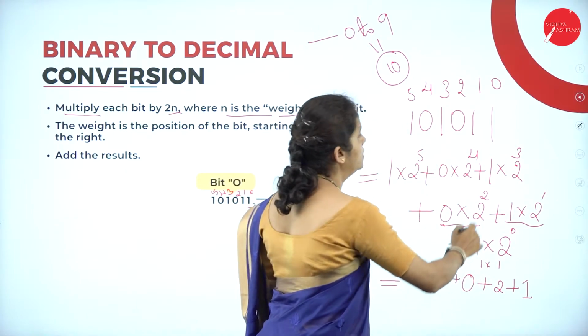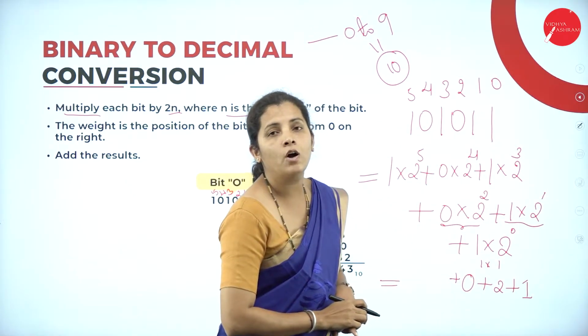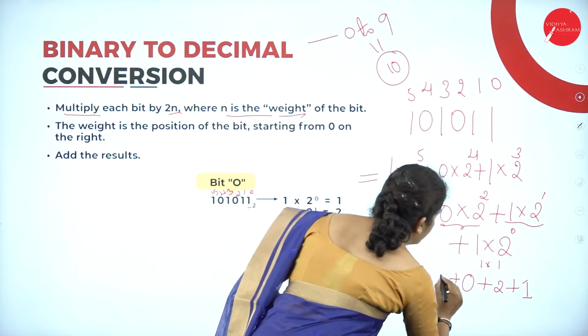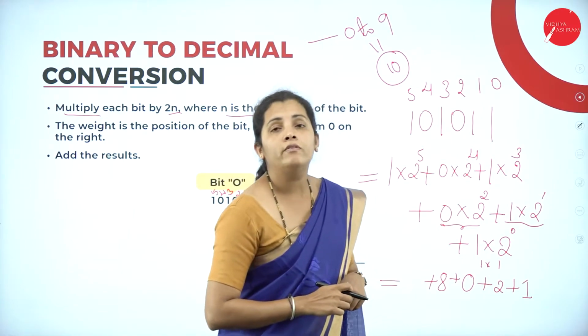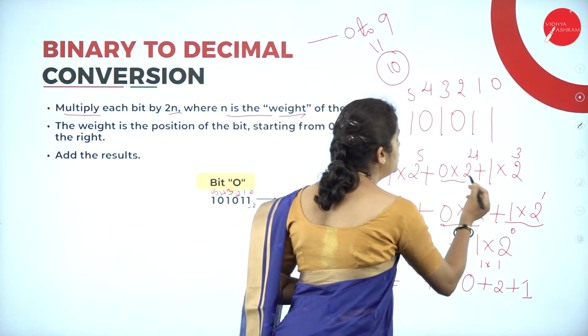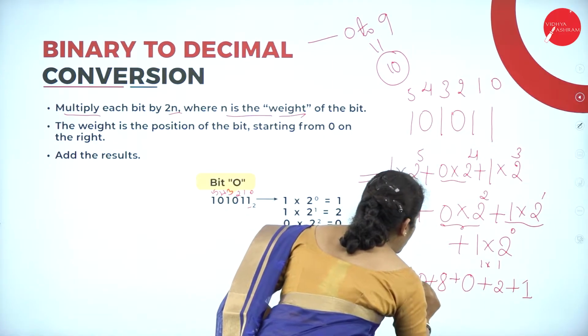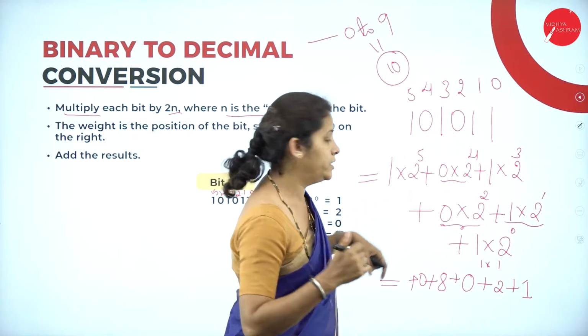Then plus 2 to the power 3, which is 8. Then 2 to the power 4 is 16. 16 into 0 is 0. Plus 2 to the power 5, which is 32.